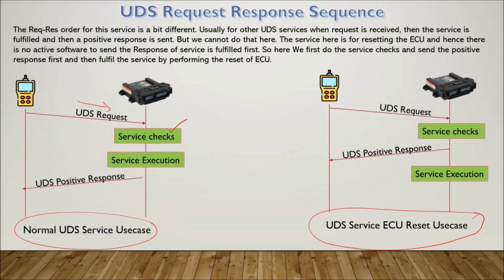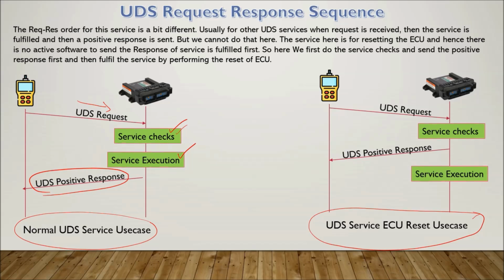So all the checks to perform the service are done, and if it is possible, it performs the service first, completes the service execution, and then sends a positive response.